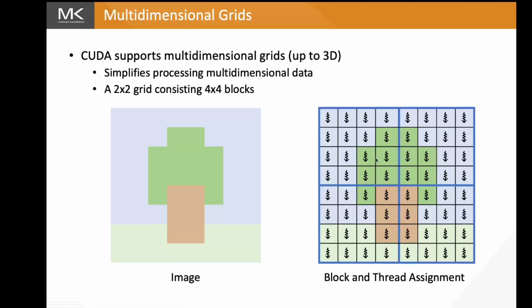So we have 4 blocks in total, and each block also is organized into 4 by 4 threads, right? So in total for each block we have 16 threads, and these 16 threads are organized into a 4 by 4 thread block. So quite a simple idea.